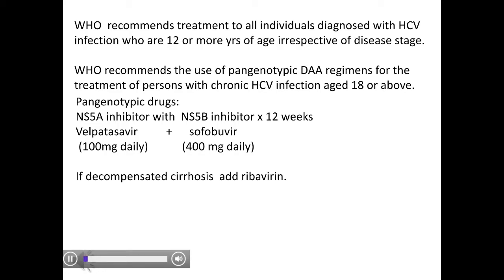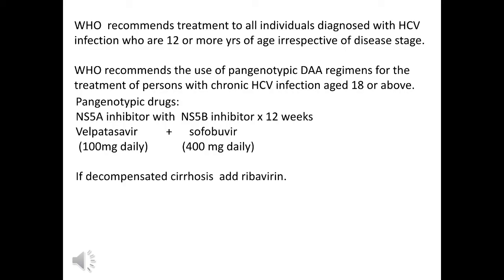WHO recommends treatment to all individuals diagnosed with hepatitis C infection who are 12 or more years of age, irrespective of disease stage. WHO recommends the use of pangenotypic DAA regimens for the treatment of persons with chronic HCV infection aged 18 or above.